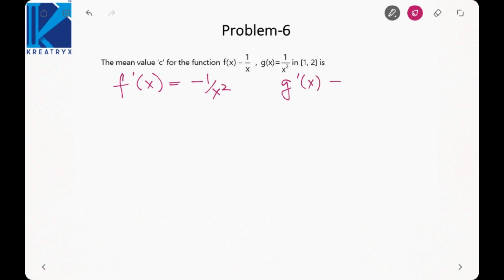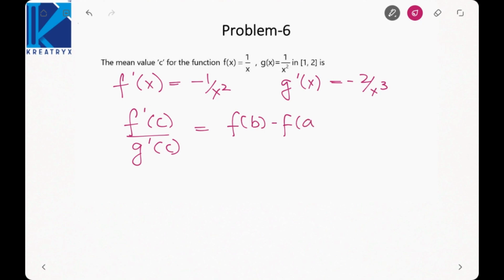G dash x is minus 2 by x cube. Now, we know that according to Cauchy's mean value theorem, f dash c by g dash c will be equal to fb minus fa over gb minus ga.